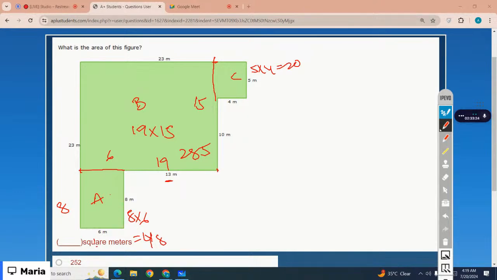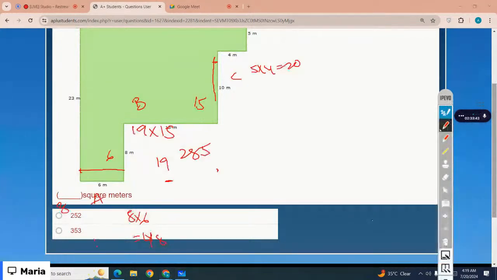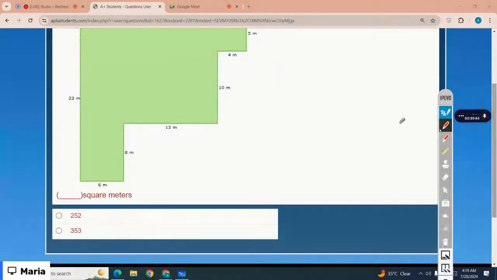So that is 48 plus 285 plus 20. The correct option is 353. Option number 2 is the correct option.